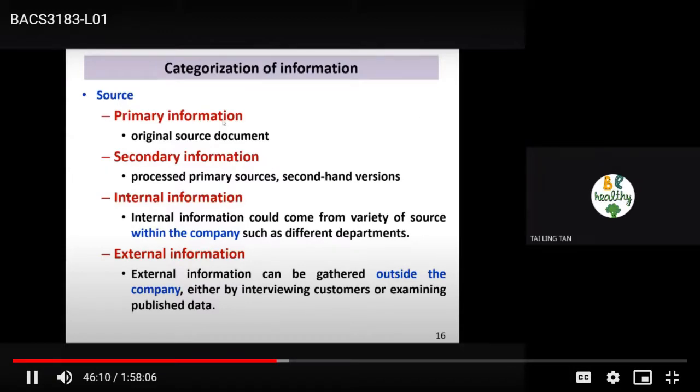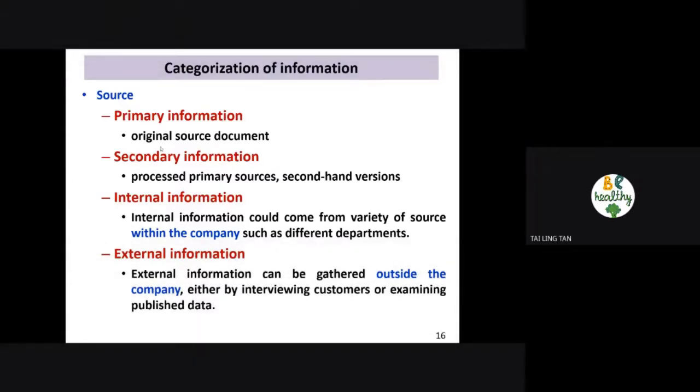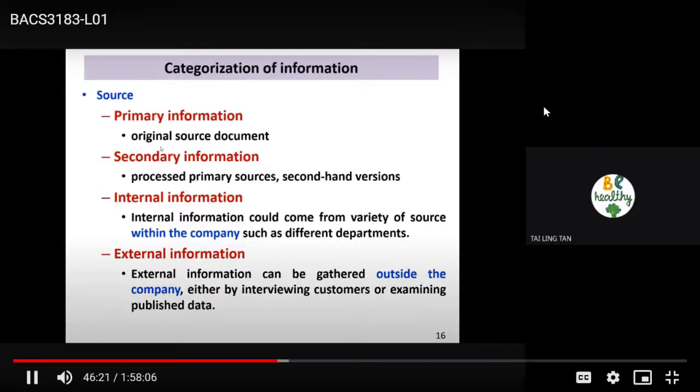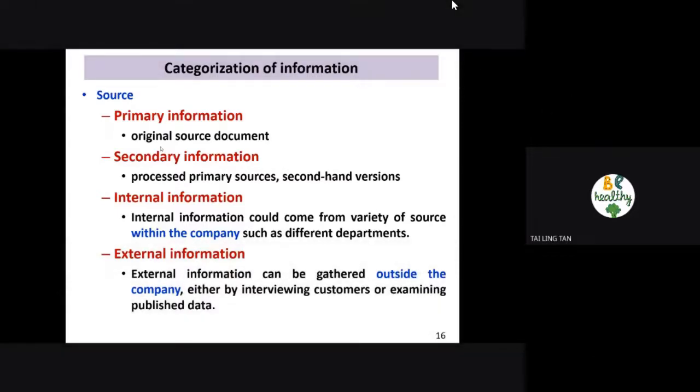First one is primary information. This one is the original source document. So just now, if Kai Xuan says intranet, this one is original. When I print out or extract the ID, name, faculty, program, and status from this intranet, I get all this data, and later I may need to do some process.